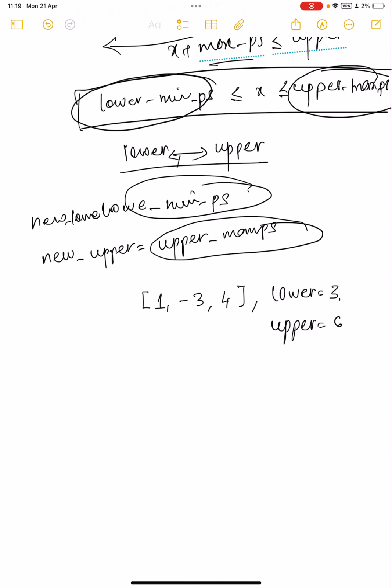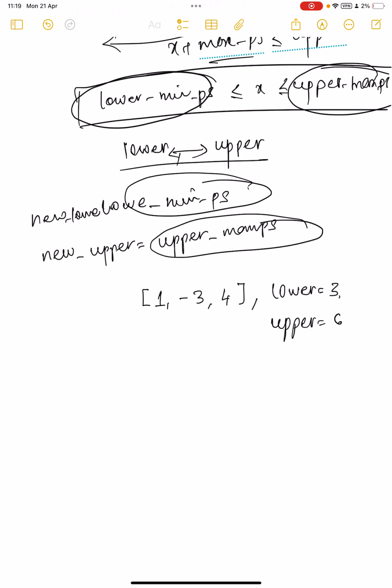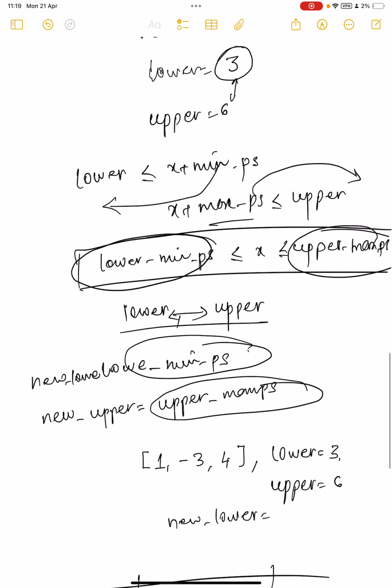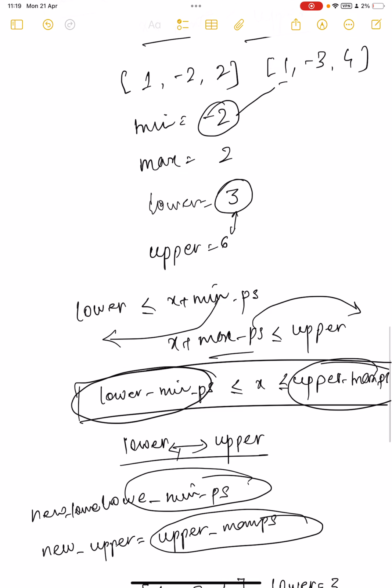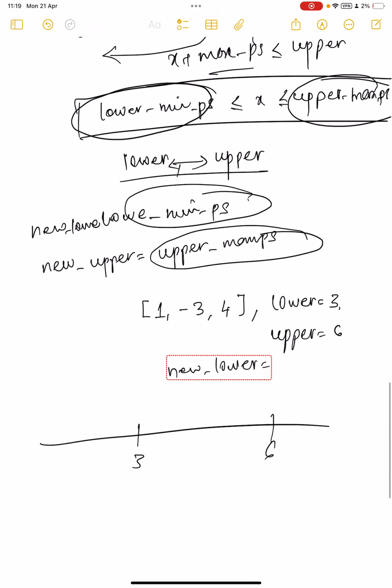So what I do is, let me draw this on a number line. So I have this is 3 and then 6. And then my new lower becomes 3 minus 2, which is 1.